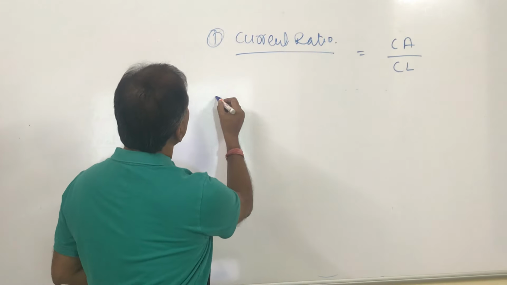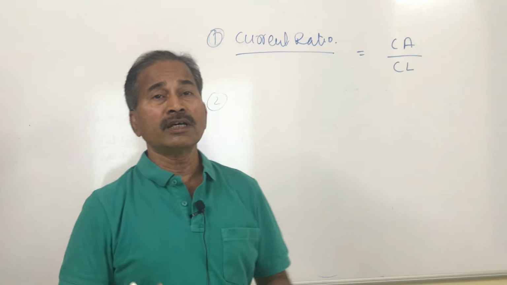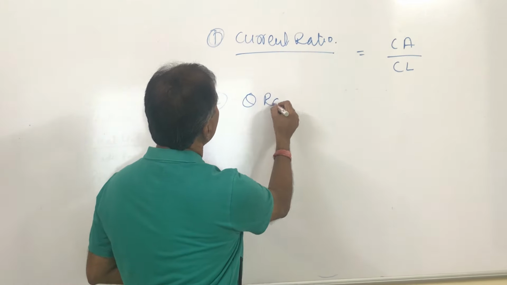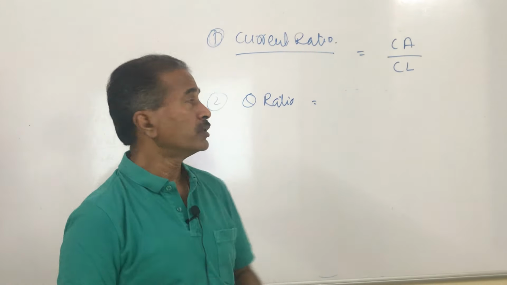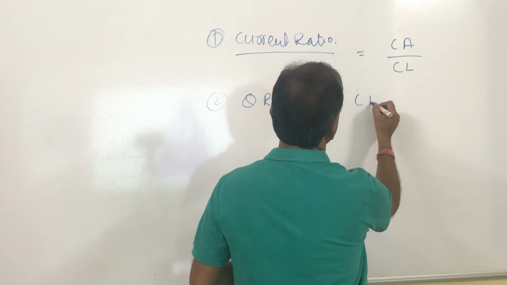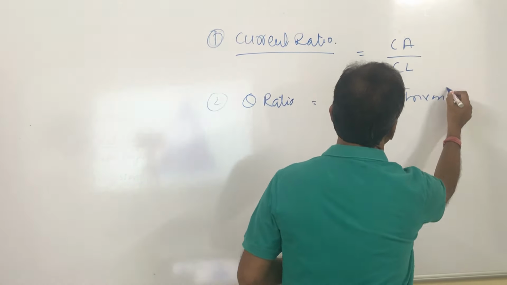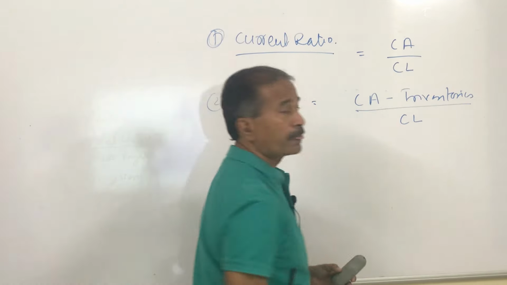There is a refinement of current ratio, and this refinement of current ratio is known as quick asset ratio. Quick ratio, this is known as quick ratio. So how do you calculate the quick ratio? Quick ratio you will calculate by taking the current assets minus the inventories from the figure of the current assets that you have and dividing it by the current liabilities.